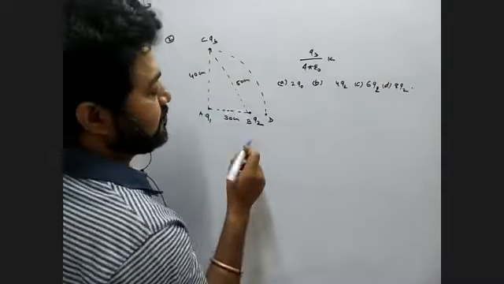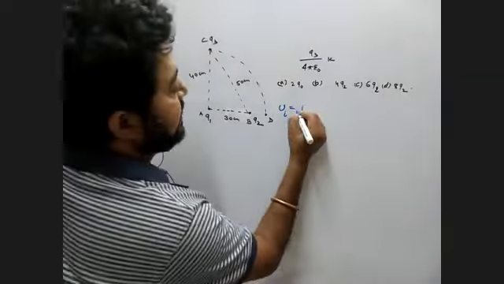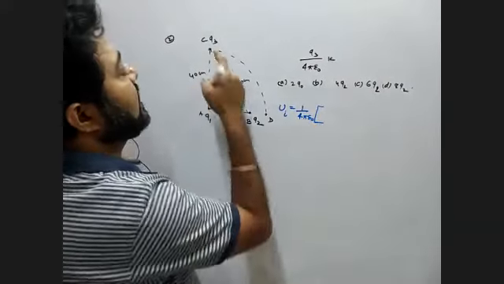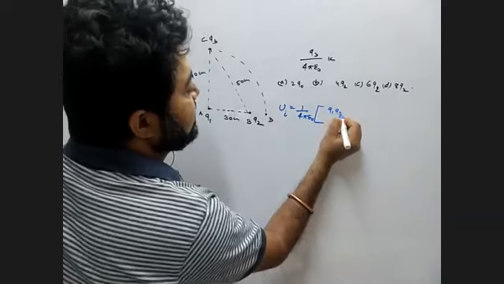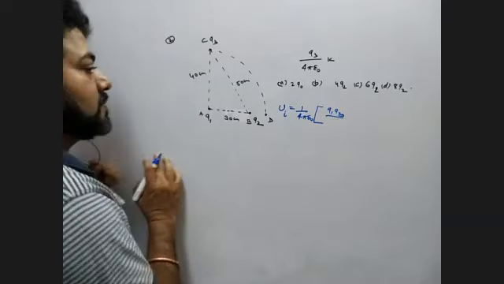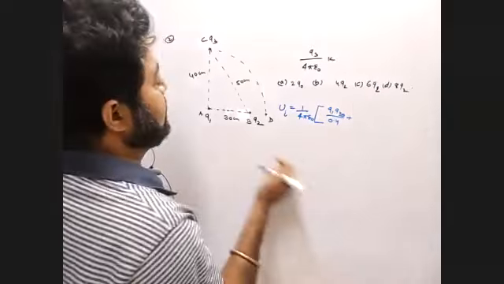So see, again we have two situations. In the first situation, A, B, C, we find the potential energy. So let's try this as the first situation, and we can write 1 by 4 pi epsilon naught. Between Q1 and Q3, what is the distance? Anyone tell me? 40 centimeter. So we can make it 0.4 meter.